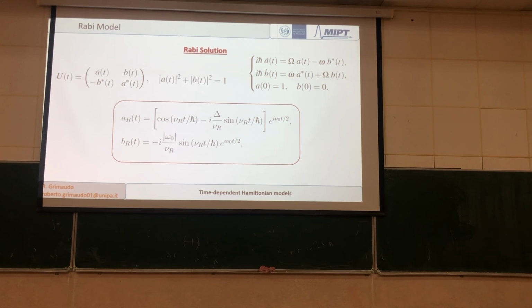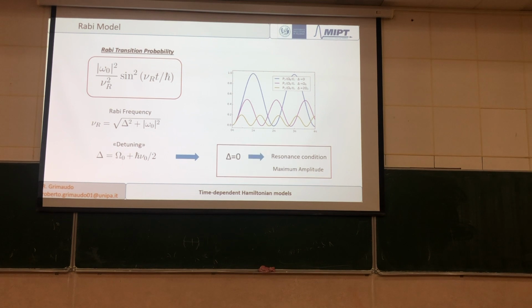But of course, the mathematical solution is very important, but what is very important in the Rabi problem is the fact that we know the exact dynamics of our system, so we can, for example, write the Rabi transition probability, that is the probability to find our system in the upper state when it starts from the lower one.